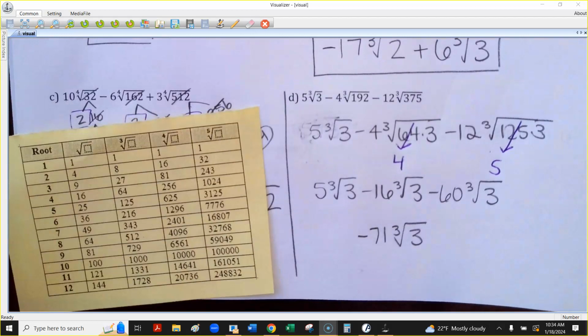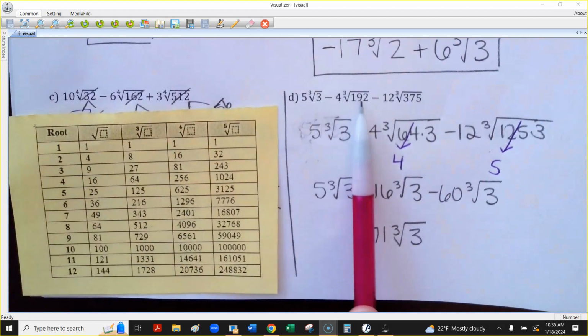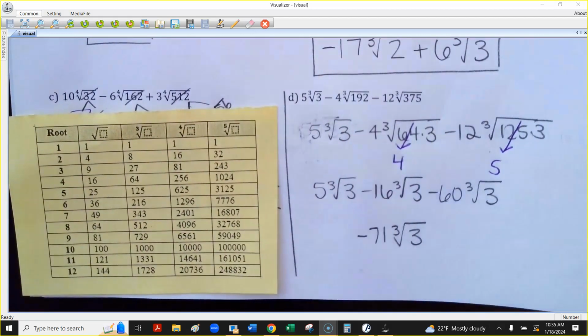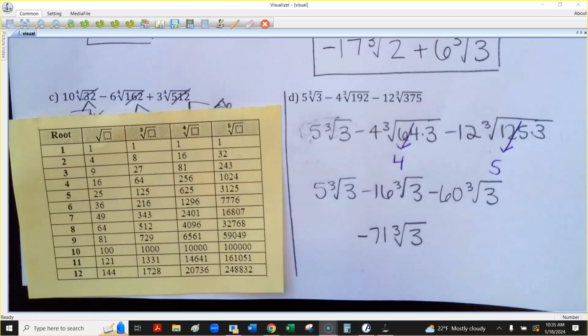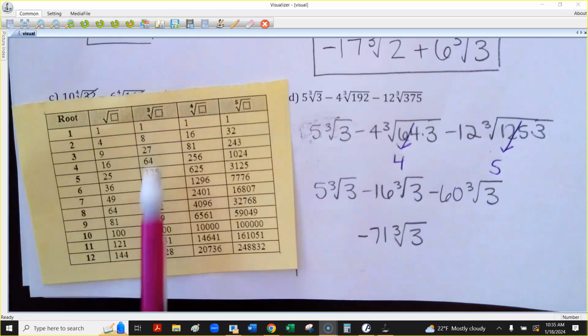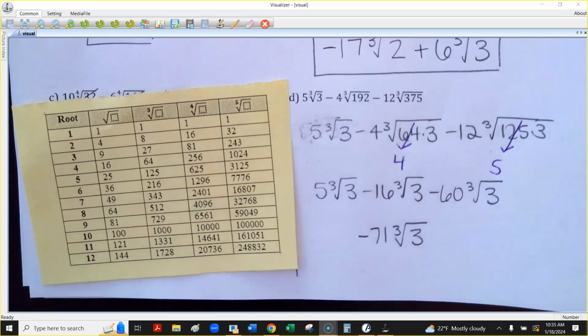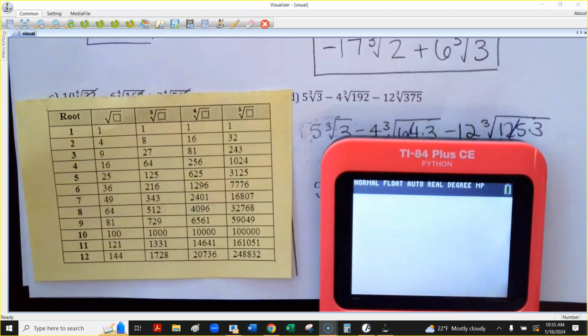On these second two, I had 192 and 375. The way I do a breakdown of a radical, just if you're interested, if this would save you any time, is I start looking at the list of perfect cubes. And I try to find a number that would divide into 192. There's not really that many numbers to check.